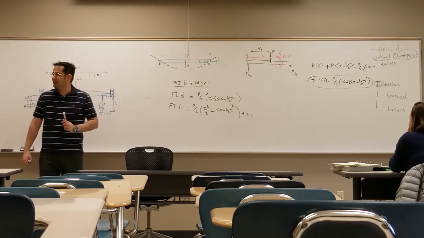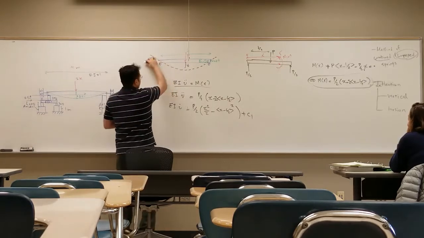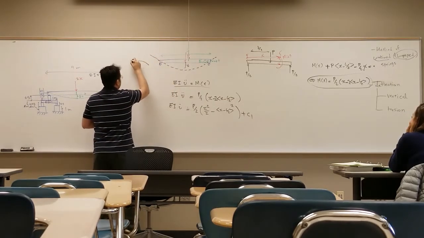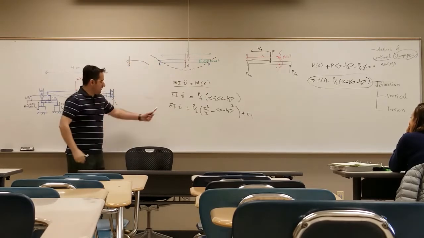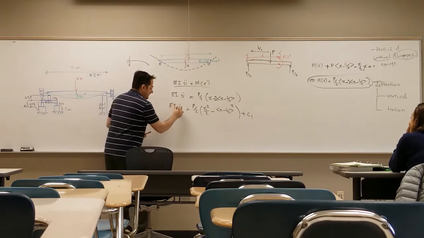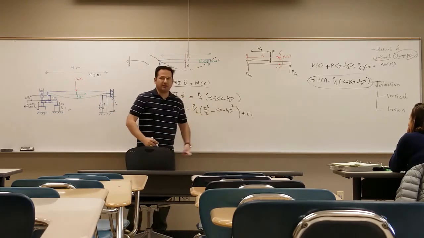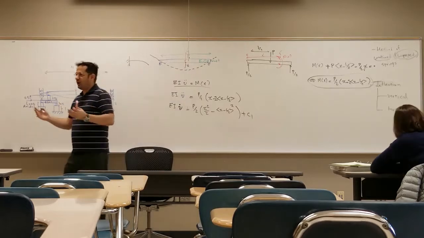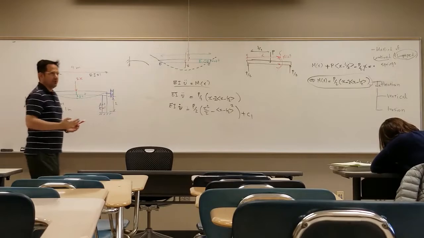Because I don't have a condition on it. If this was welded to the wall, you know the slope would be zero at the weld. So the slope is just v dot. You could say, for example, at x equals 0, v dot is 0, so C1 is 0. But unfortunately, I don't have information for the slope right now. So what do we do?